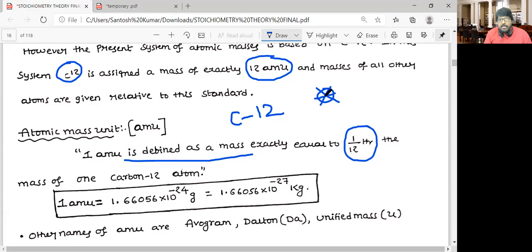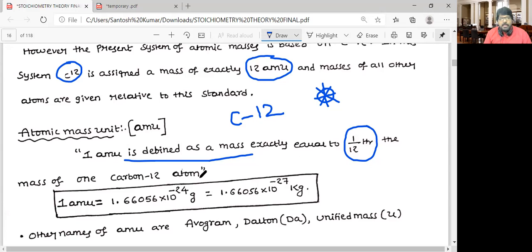After dividing, each part has a mass of 1 AMU. That is the meaning of AMU. So 1 AMU is 1/12th part of a C12 atom. C12 means carbon, assigned mass is 12, right?